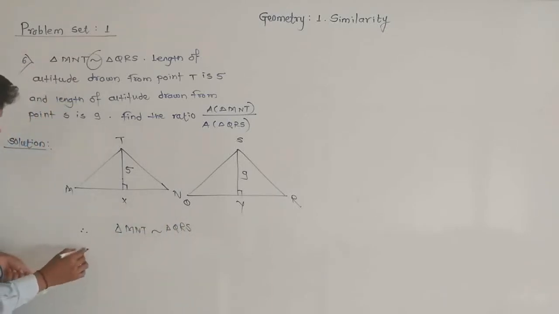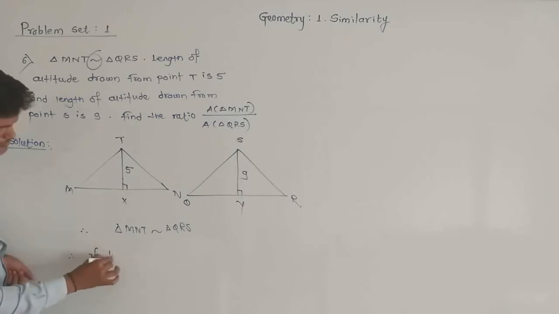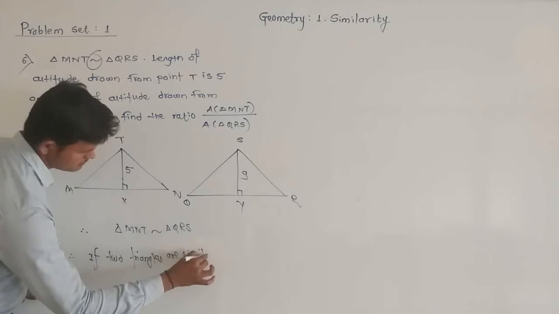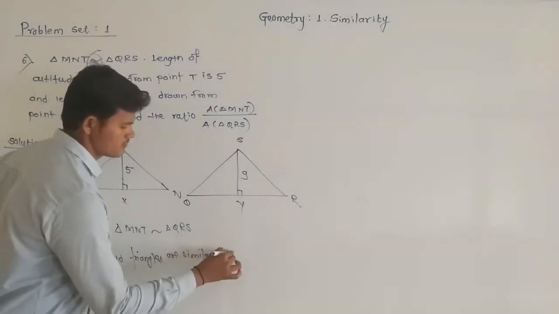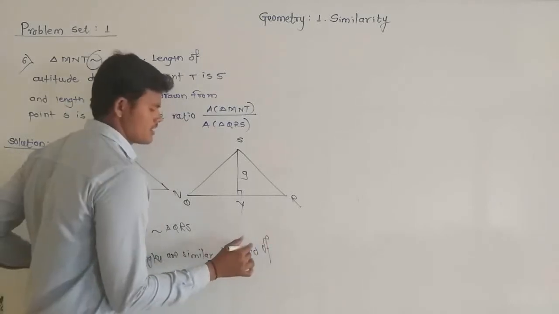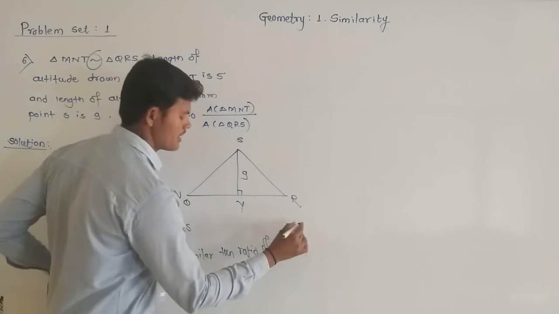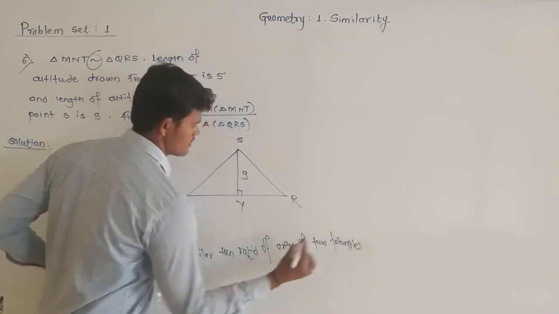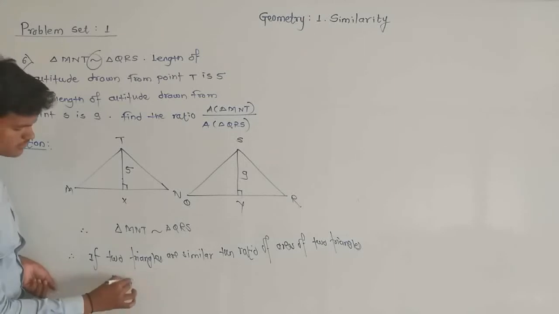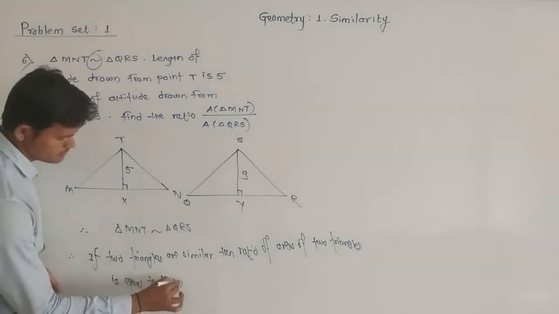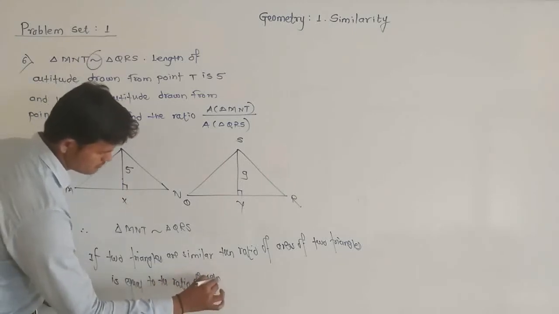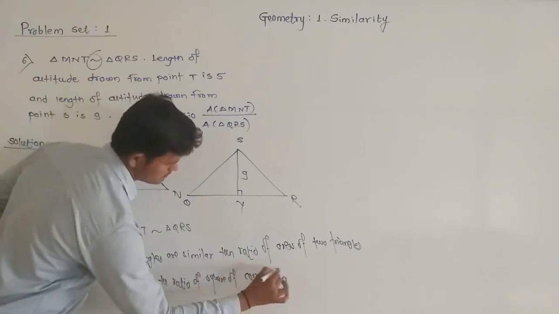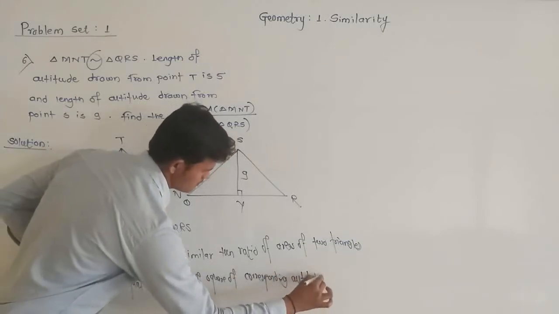Then if two triangles are similar, the ratio of areas of two triangles is equal to the ratio of the squares of corresponding altitudes.